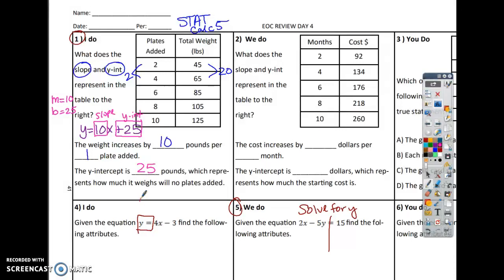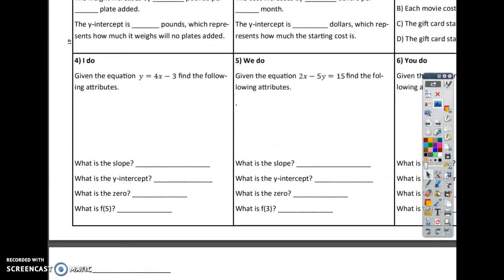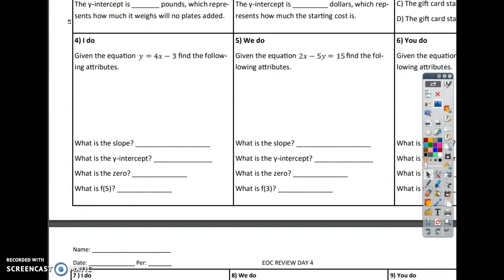Okay, that's how you're going to do number 2 and number 3. So you need to get the equation first in Stat Calc 5. Write down the equation and fill in the blank statements. Okay? At the bottom, number 5, we've got to solve for y, just like I mentioned, so that we can figure out what the slope is, the y-intercept, the 0, and all of that good stuff.